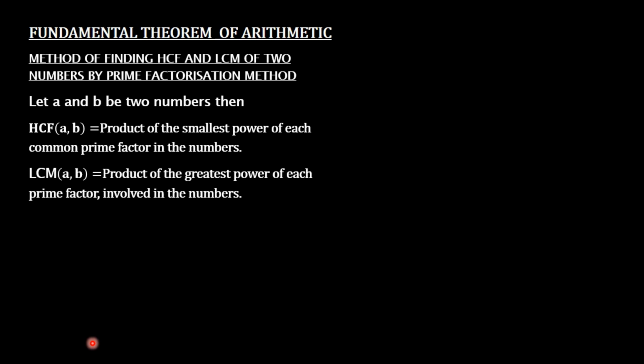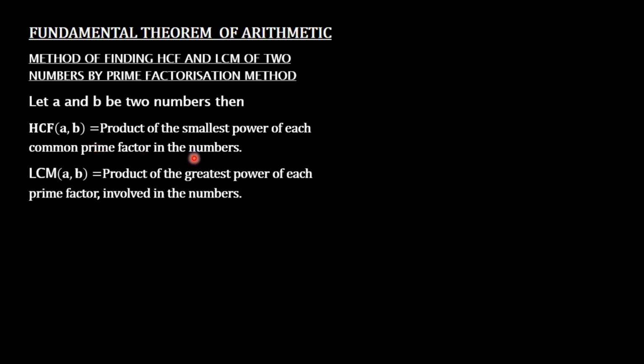Then how to find the HCF? At first, we decompose A and B as products of primes. Next, we compare all the prime factors of A and B and find the common prime factors among them.